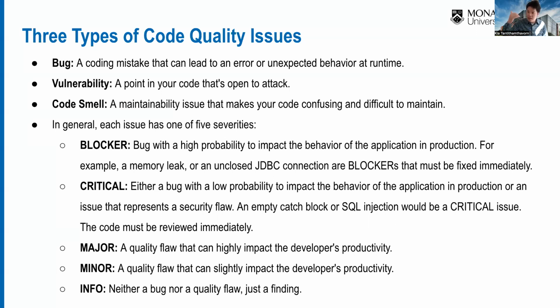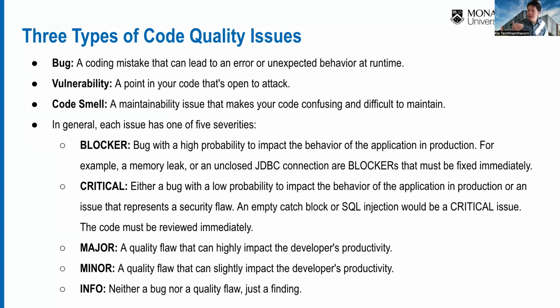First, the blocker is the highest critical one. For example, a memory leak. We indicate this as a blocker because no one can use the software at all if there's a memory leak problem.